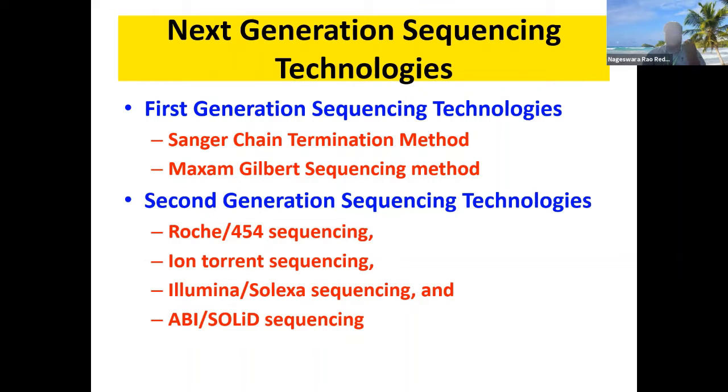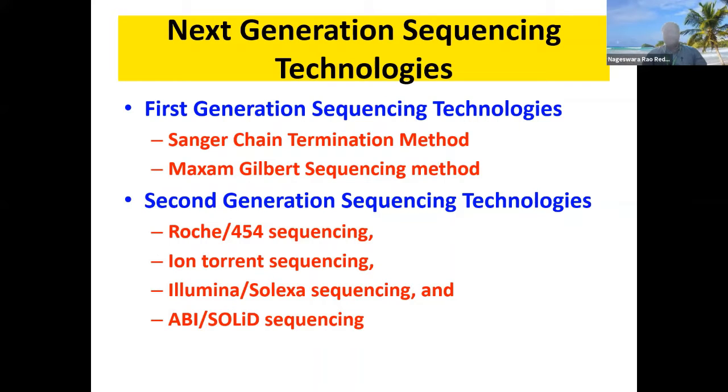The first two methods, Roche 454 and Ion Torrent sequencing, followed sequencing by synthesis. Illumina sequencing and SOLiD followed sequencing by ligation. These are the two differences we have. The other difference is that the gel and automation process was the important change here.